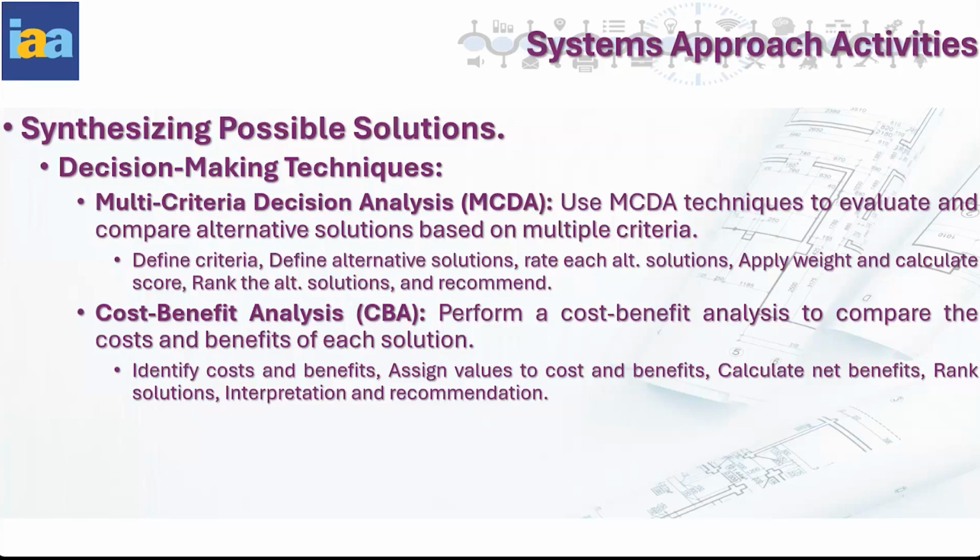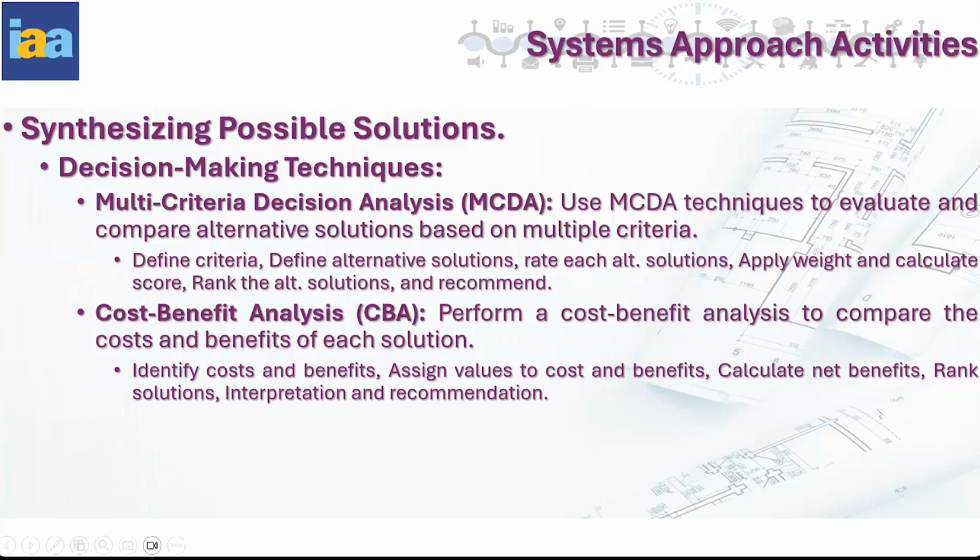Next is cost-benefit analysis. So we will identify what costs are involved in this system, and what benefits we will get once we implement it. Here it will start with a list of costs and a list of benefits. Then we will assign values to the costs and benefits. Then we will calculate the net benefit. Then we will rank the solutions.